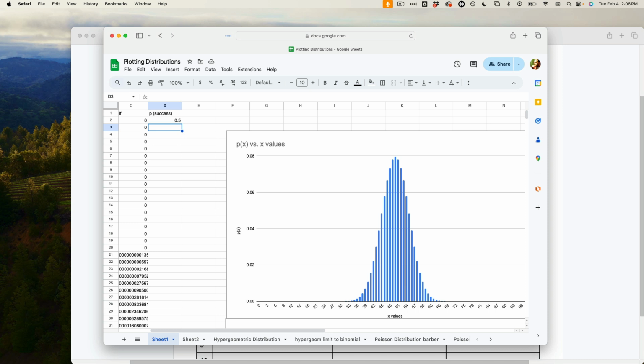And then as you get into a higher number, that is going to drop in this case because you're less likely to get 72 successes with a 50-50 chance. Most of the probabilities are going to be clustered in the middle because it's a fair coin.